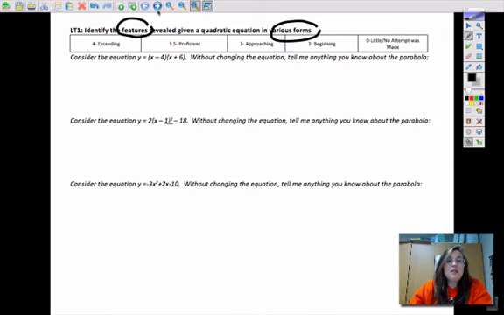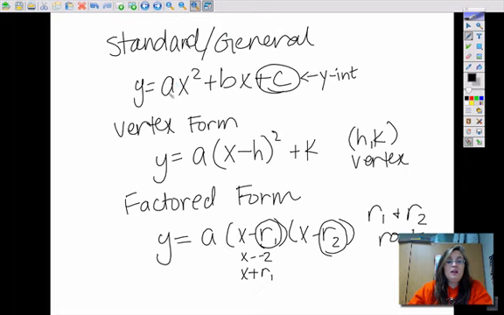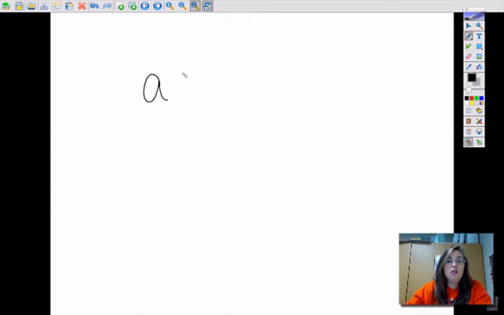And there's something else that I didn't talk about, is that you can look at the beginning of all three equations at that part that's a, and this is the same in all of the equations. You can look there to know two things. So you look at a to know either if it opens up or down.